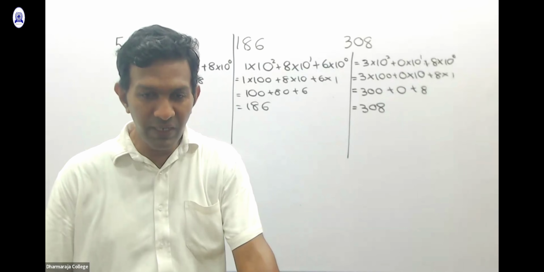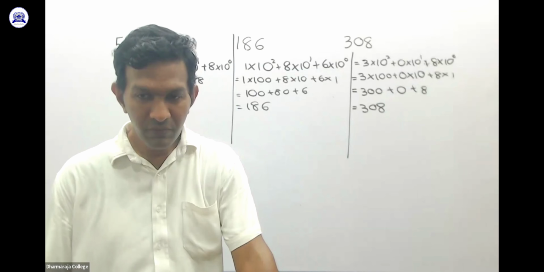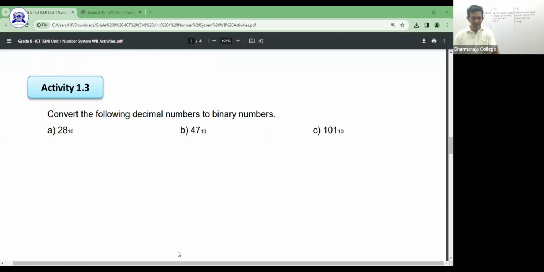Let's see the next activity. It's to convert the decimal numbers to binary. So we just write this one.